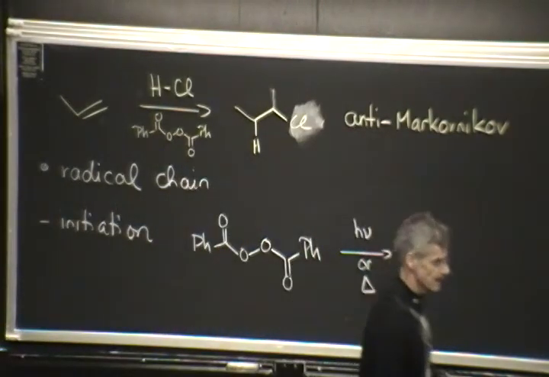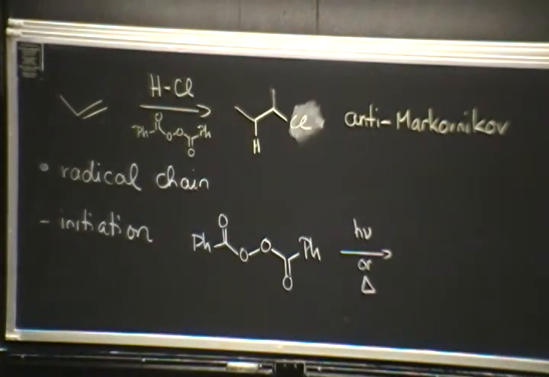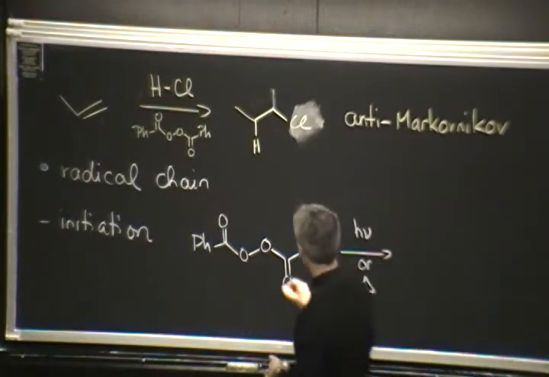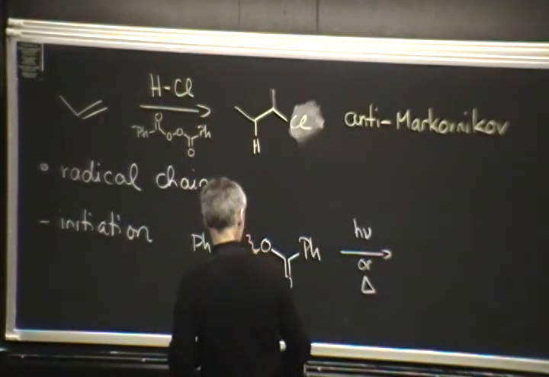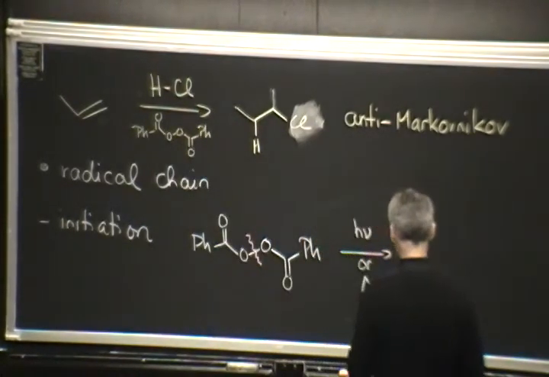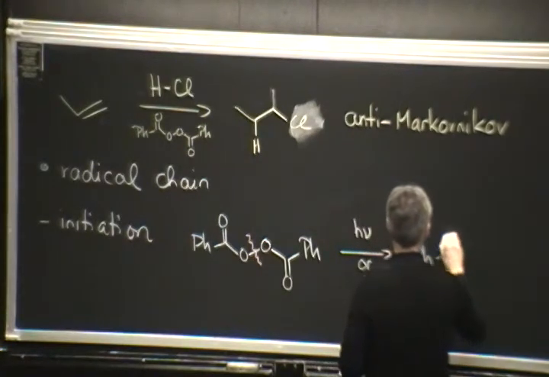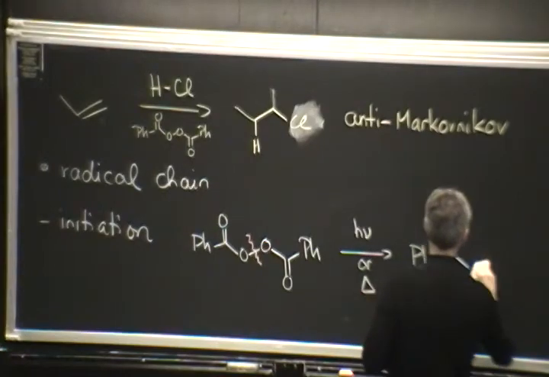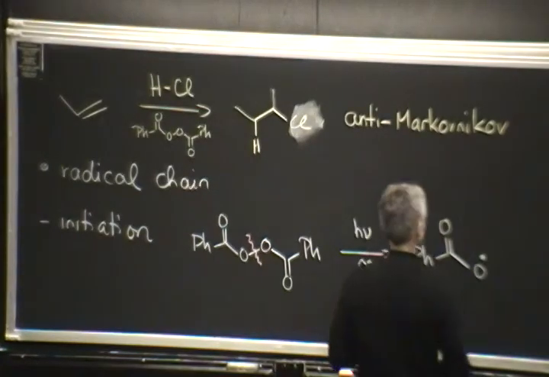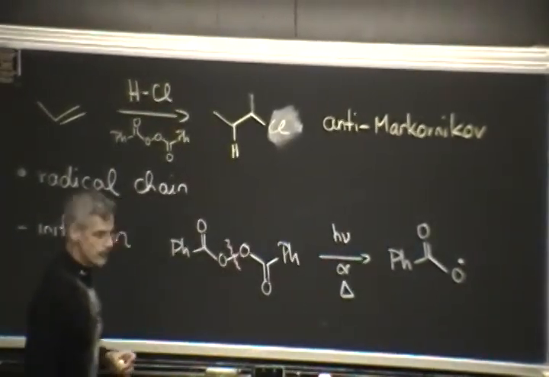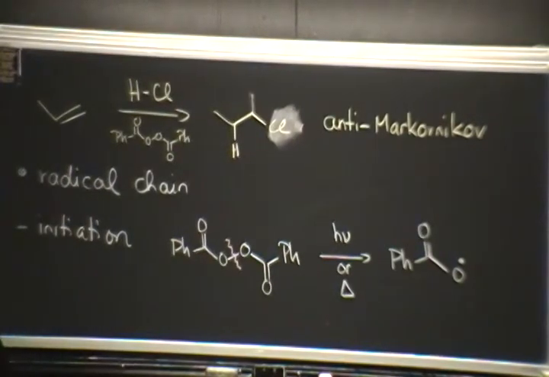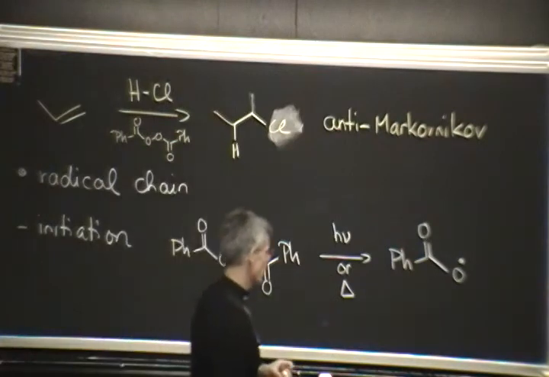That cleaves the weakest bond, the bond between the two oxygens, and through this homolytic cleavage it generates our first radical. Usually we can formulate the mechanism as a radical chain starting with this benzoate radical.